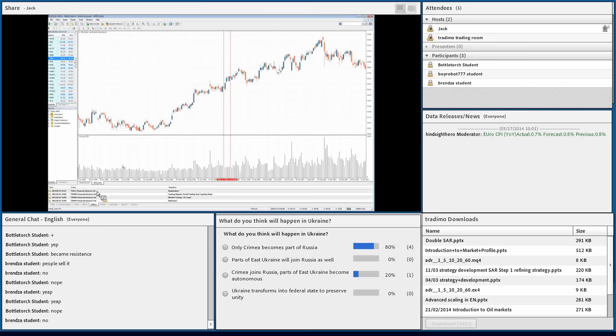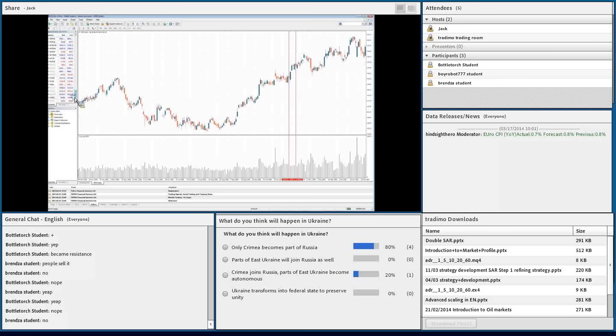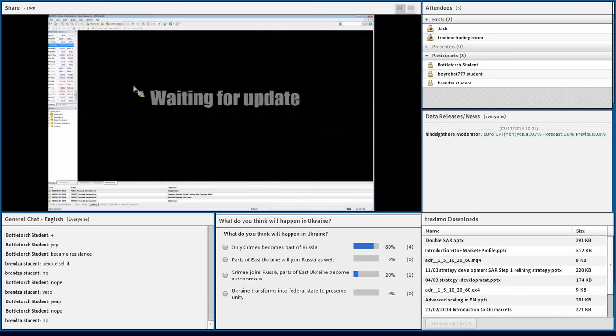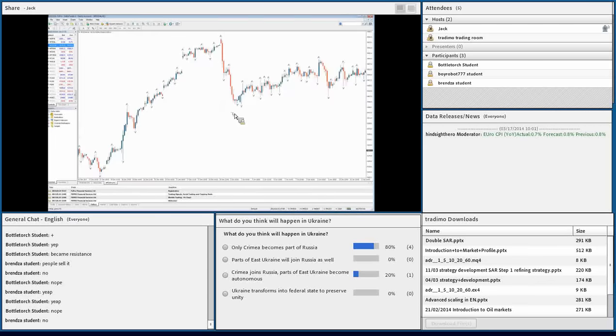If we have a little look at the S&P, or maybe even the DAX, I believe there is a good example of a runaway gap. So we'll just pop the Tradimo template up.